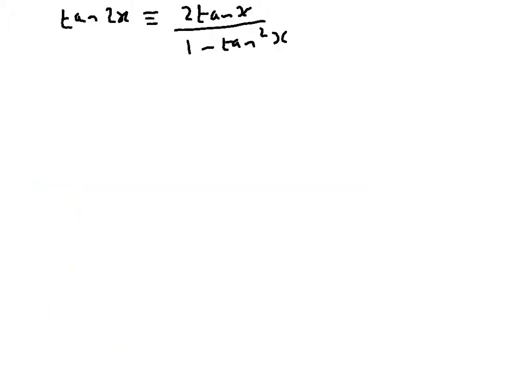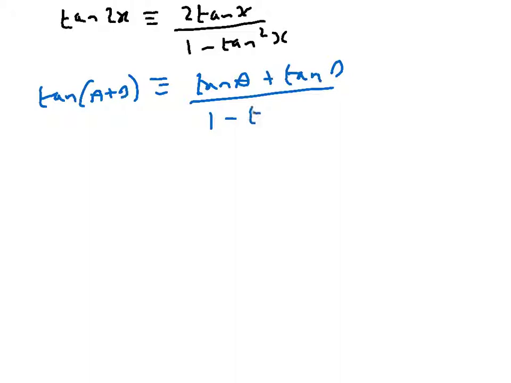And the last double angle to prove then is this: tan 2x is always equal to 2 tan x over 1 minus tan squared x. So again, if we go back to my addition formula, tan(a plus b) is always equal to (tan a plus tan b) over (1 minus tan a times tan b).